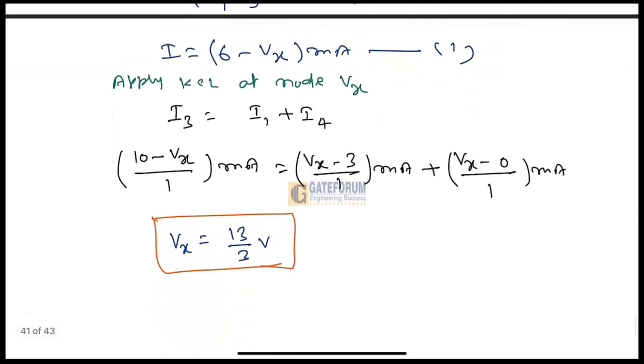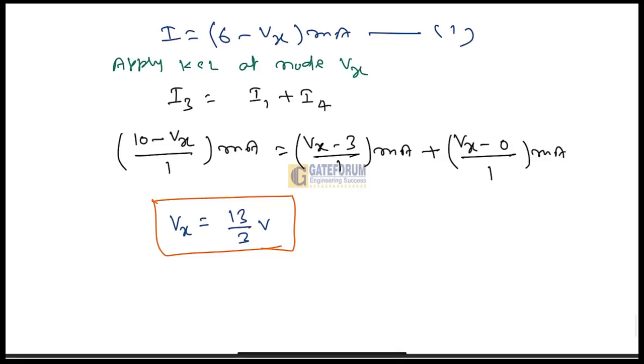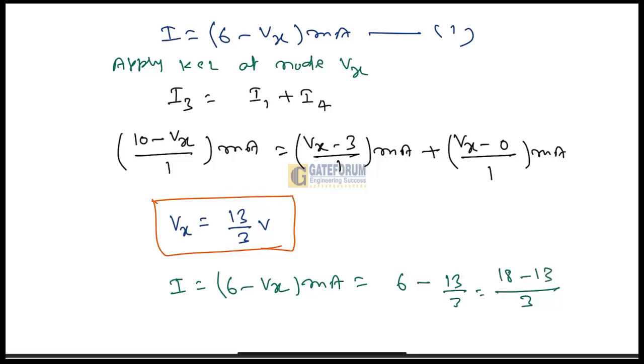So what we will get here: this I is equal to 6 minus Vx milliampere. So Vx value is 6 minus 13 by 3. So this will become, LCM is 3, 18 minus 13 by 3 milliampere.